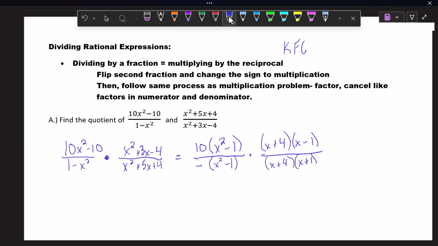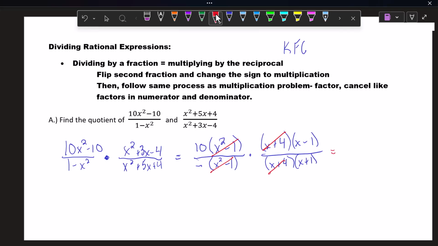All right, we're not done simplifying, although we can stop. Because even though we can simplify x squared minus 1 or factor it more, they're going to cancel out anyways. Just like the x plus 4s are going to cancel out.